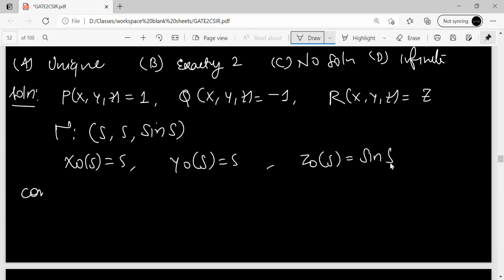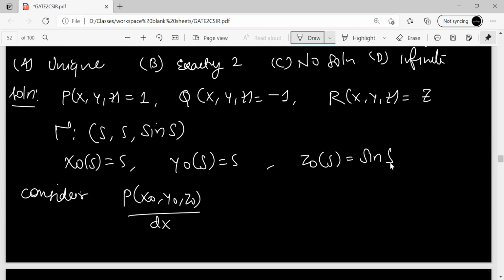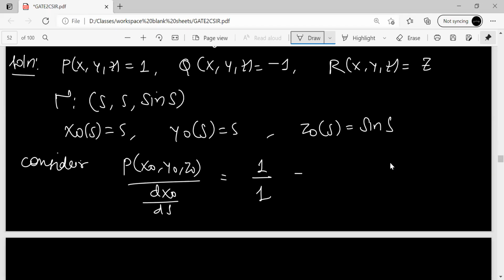Now find out each ratio first, and then let's see what will happen. So p of x naught, y naught, z naught upon dx naught over ds. P is 1, so no matter what you put, you are going to get 1. Differentiating x naught with respect to s gives 1, so the ratio is 1.